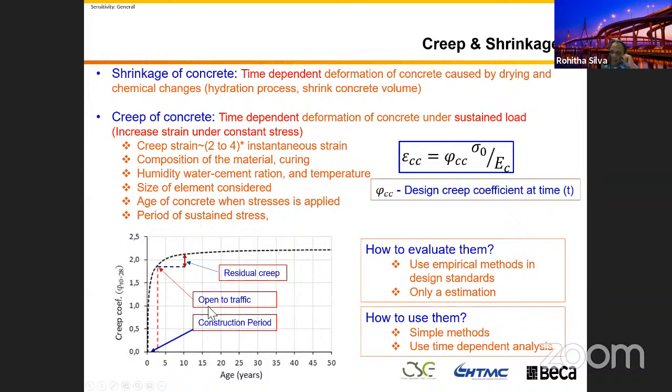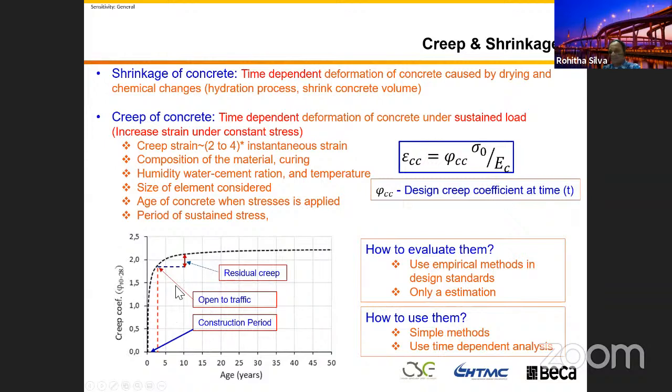You can see this in this figure. I have some dotted lines here. This is the creep and shrinkage curve over time, because the initial strain on any structure is a constant. So then we use the creep coefficient factor. That factor varies with time.